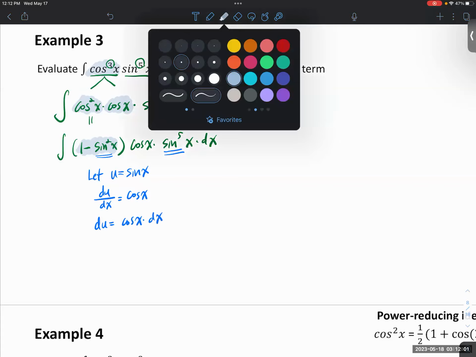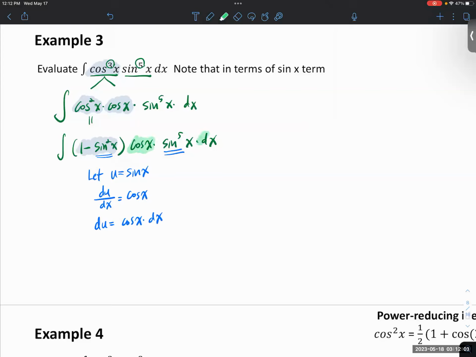So exactly, you are matching cosine x times dx. That is going to be du. Now we can finalize it. Integral 1 minus u squared, because the sine x is u. And then we have u to the fifth. And then cosine x dx has been du. So now this is exactly a better form to take the integral. So I'm going to do the distributive property.